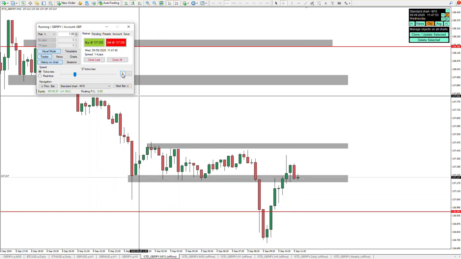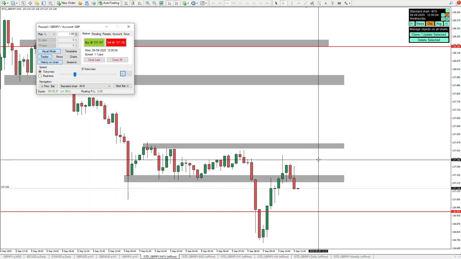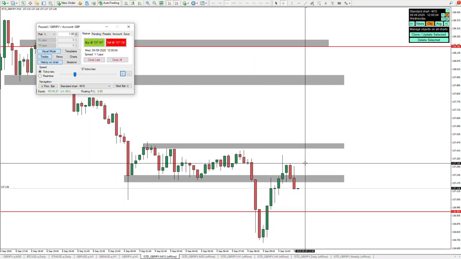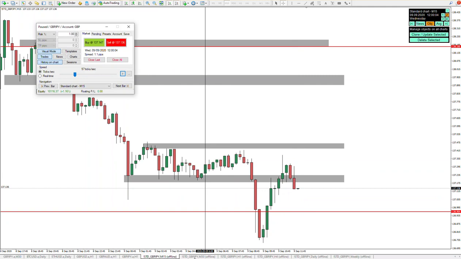Let's see how the hourly closes and the M30. Okay, M15, beautiful rejection of the sideways range, a breakout with no wick on the downside.